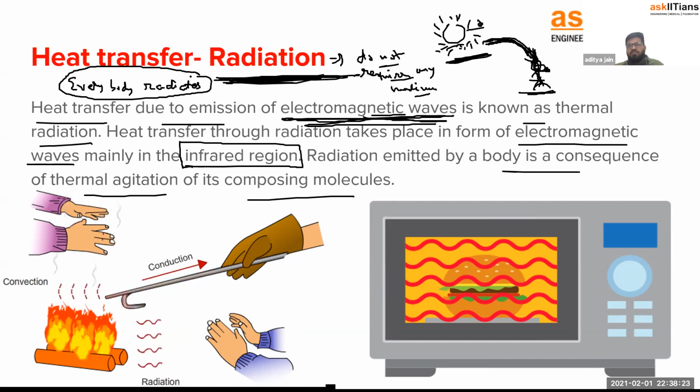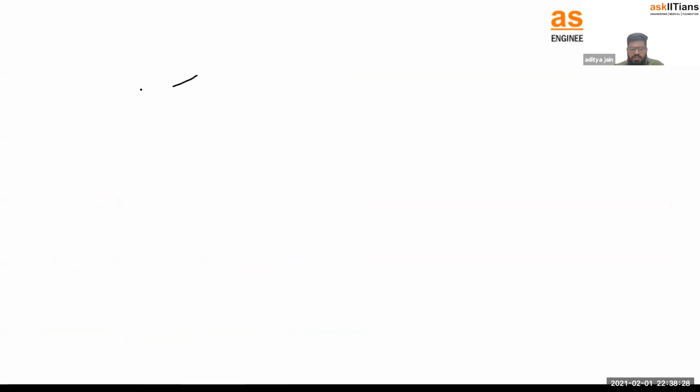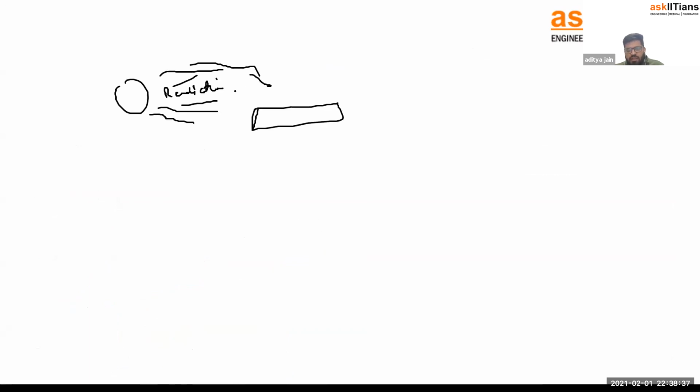The thing is that the energy which is radiating, when it is incident on any other body, suppose this is the radiation coming from any object and it falls on any other object, it has three options. Either it can absorb it, or it can reflect it, or it can transmit it. Transmit means passing through like this, reflection means getting back, and absorb means just keeping it here.